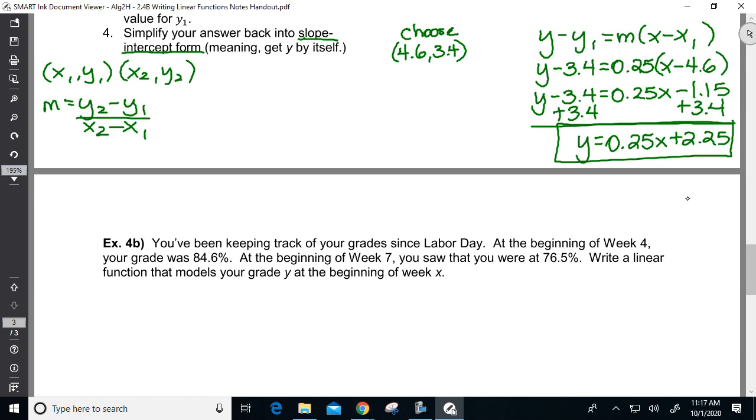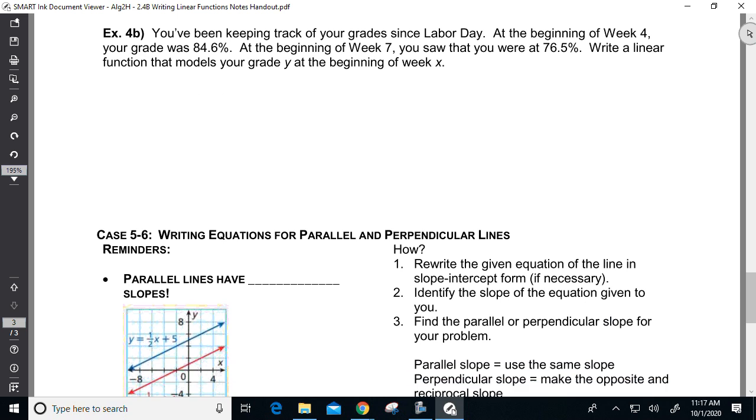At the beginning of week 4, your grade was 84.6%. At the beginning of week 7, you saw that you were at 76.5%. Very good. Write a linear function that models your grade y at the beginning of week X.